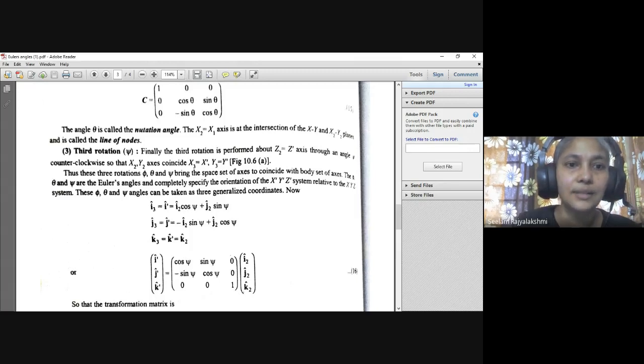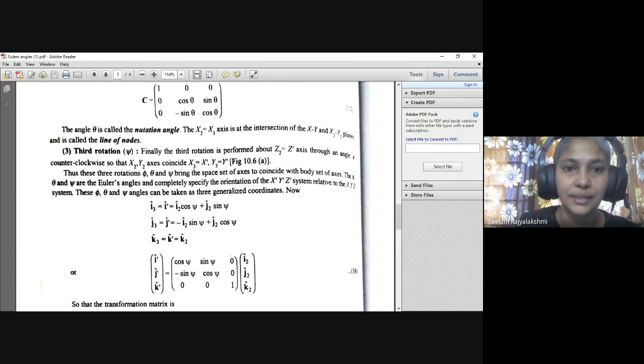Thus the three rotations phi, theta, psi bring the space set of axes to coincide with the body set of axes. So theta, phi and psi are the Euler's angles and completely specify the orientation of the x dash, y dash, z dash system relative to the x, y, z system. These phi, psi, theta angles can be taken as the three generalized coordinates.